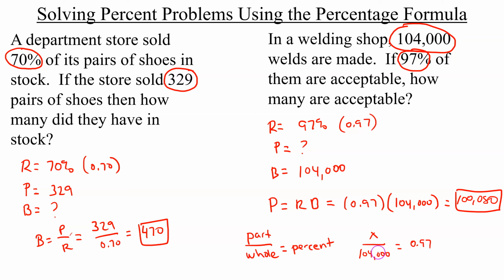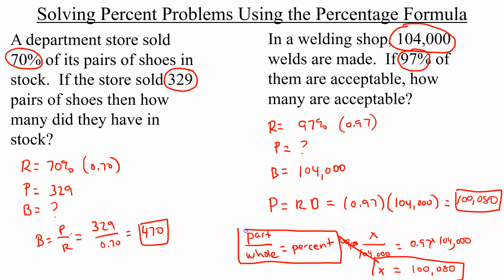And from there, I would multiply both sides by 104,000. Those would cancel. I'd be left with X equals 0.97 times 104,000, and we end up in the same place. So if it makes more sense to you to use these words rather than these letters here, you'll end up at the same place.